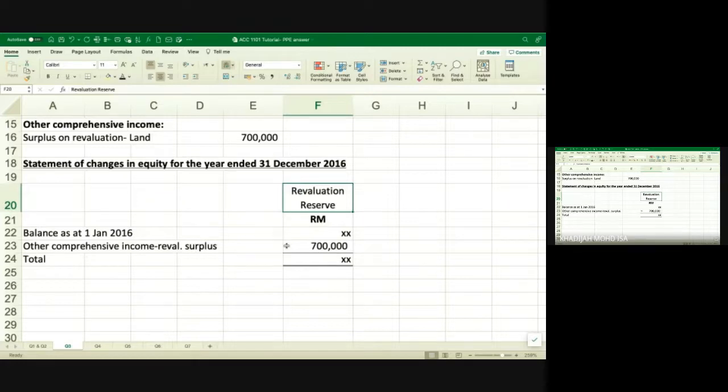If you have a balance in the beginning, then plus your 700,000 reserve here, you have the additional amount. But in this case, the information is not provided, so we don't put anything there. We just want to show you that the revaluation reserve is reflected in the statement of changes in equity.